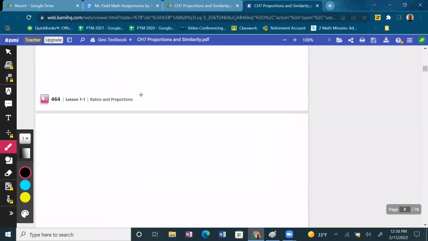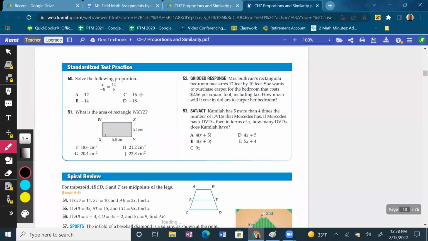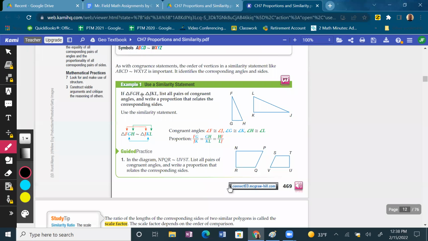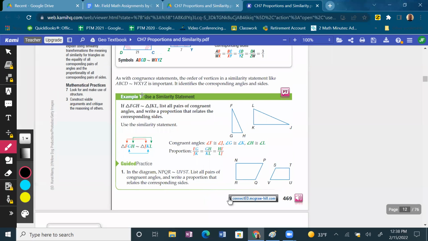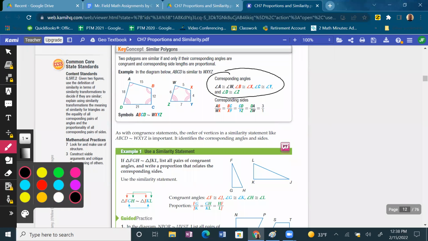Let's look and see what we have to start with here. The first thing we have to say, very important: corresponding angles are congruent.